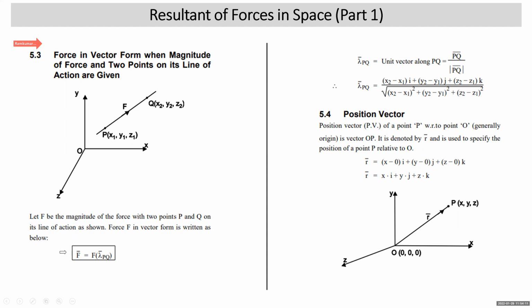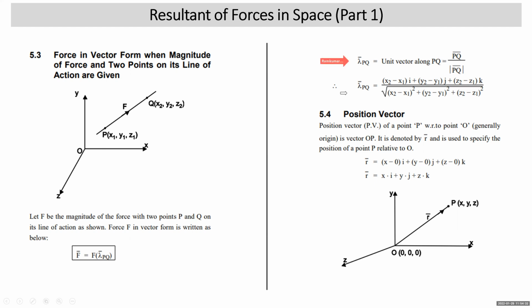So force F bar will be equal to magnitude of the force into unit vector along the force, or in the line of action of the force. What is that going to be? Lambda PQ. P is the initial point, Q is the terminal. Lambda PQ will be unit vector along PQ. How will you get unit vector along PQ? Vector PQ divided by mod of PQ.